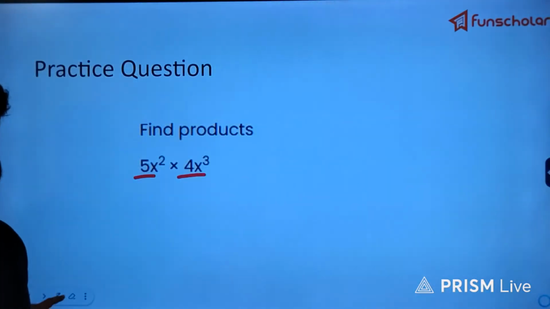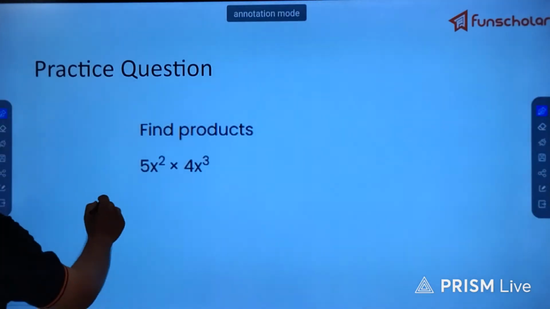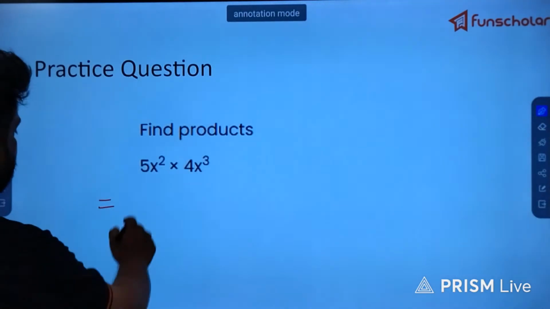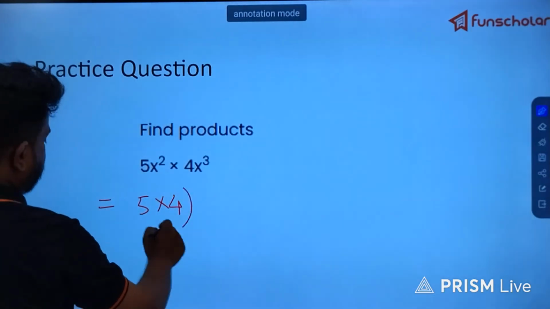So here we have 5x square and 4x cube. So first thing you have to do, just multiply these two terms, that is 4 into 5.